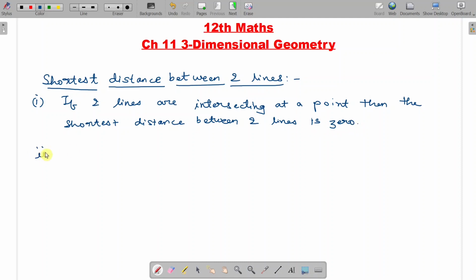Then the second thing: if the lines are parallel, then the shortest distance is the perpendicular distance, that is the length of the perpendicular drawn from one point of a line to the other line.